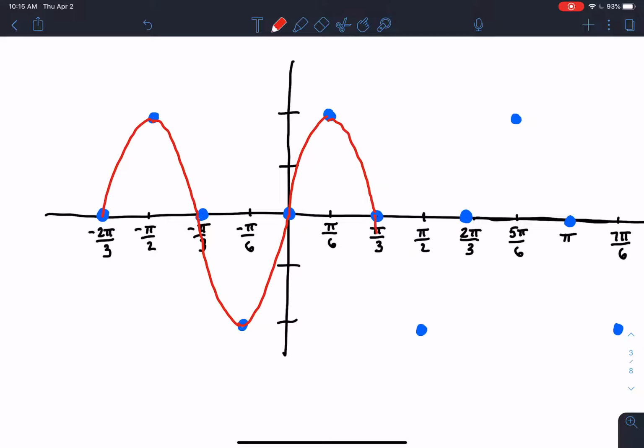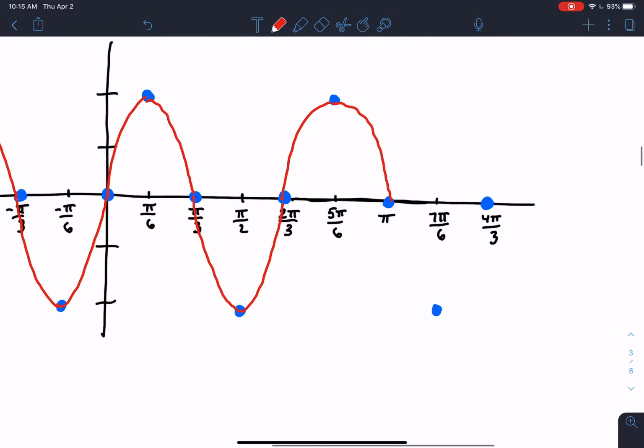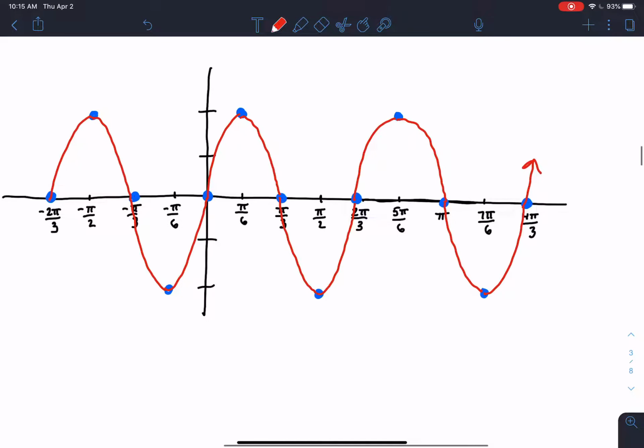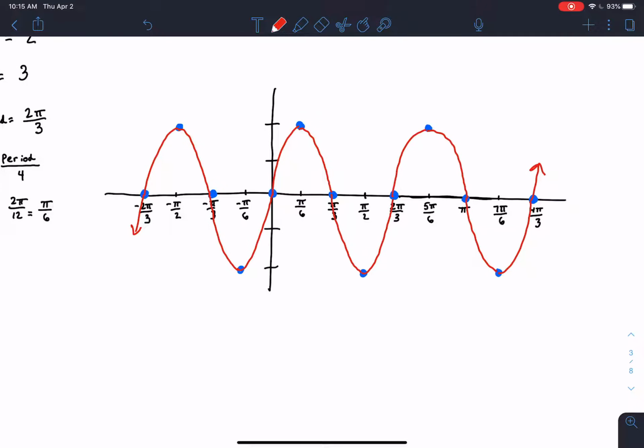You guys want to make sure when you're doing these that they're not just like straight lines, like they need to have a curve to it. Okay, and then there at the end, I'm going to do an arrow, and then I'm going to do an arrow down there, okay? So that would be three cycles of the sine graph, okay?